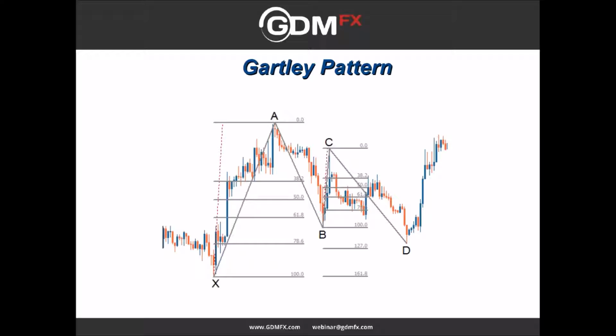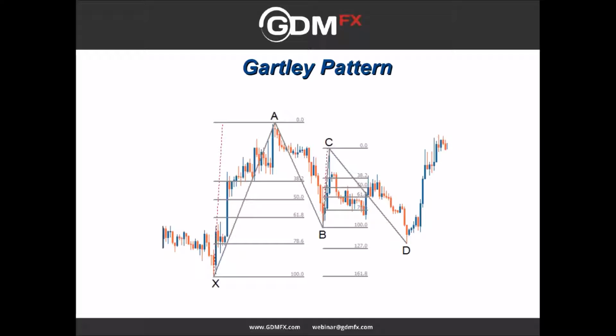So what do you see here? You see something looking like probably head and shoulders, probably double top, but it's something in between. Well, for those that are getting familiar with the Gartley pattern for the first time, this is a beautiful formation that has a high success rate, a high profit ratio, and in most cases a lower risk ratio as well.